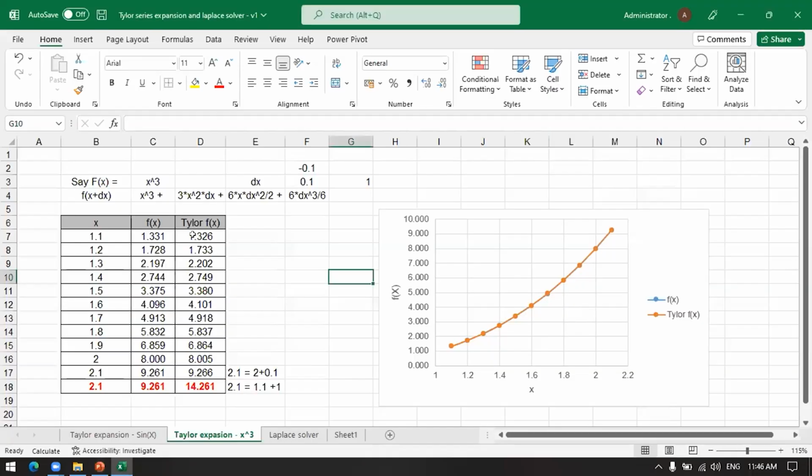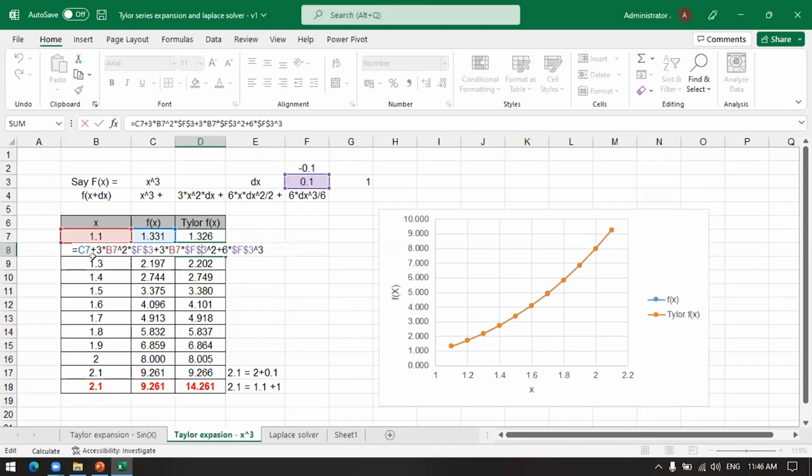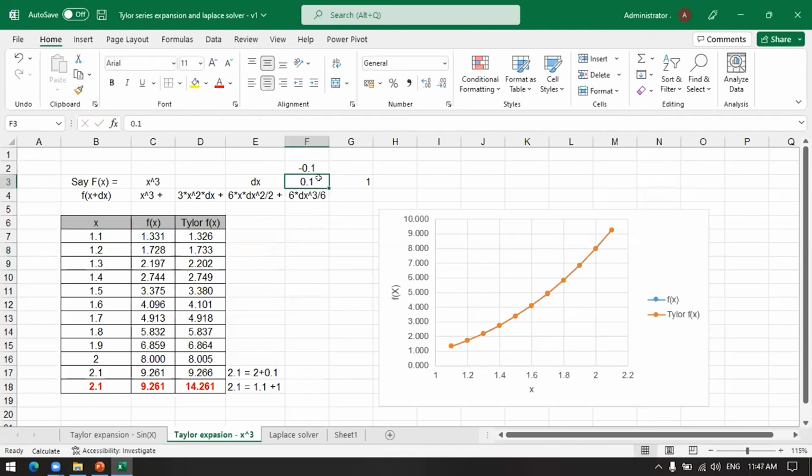That is the same thing that I did here. When I am evaluating the value of the function at 1.2, I am using the known value of the function at 1.1 and incrementing it by 0.1. If I use this small increment of 0.1, all my values are a pretty good match. If you compare the left and right columns, everything matches very well.